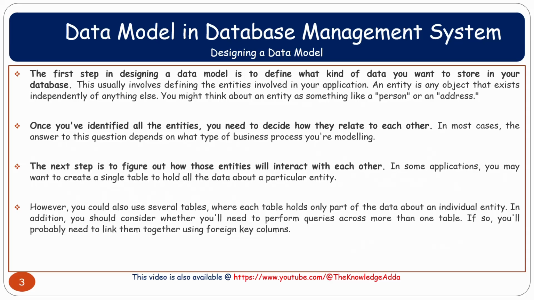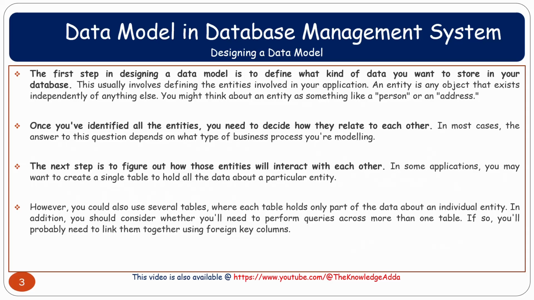You might think of an entity as something like a person or an address. Once you have found all the entities, you need to decide how they relate to each other, meaning how data are connected or related to each other.